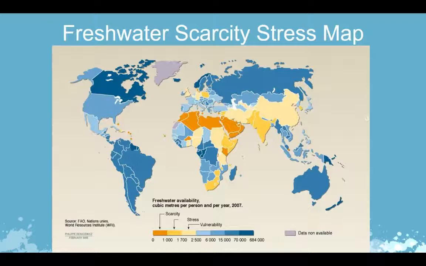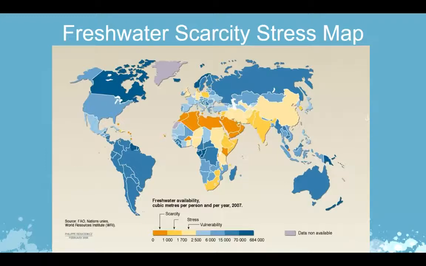By studying the map, you can begin to ask and answer questions about these factors. As populations in some countries continue to rise, the number of people affected by water stress and water scarcity is expected to rise even more sharply.